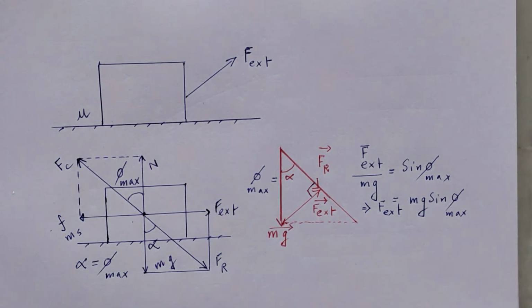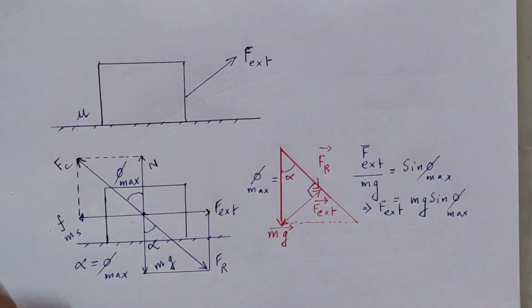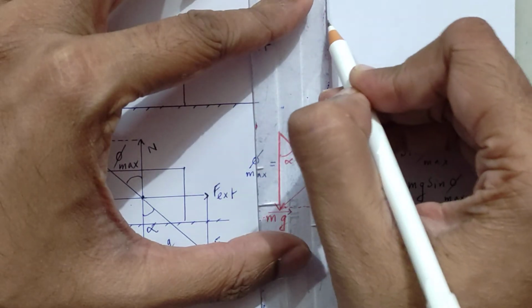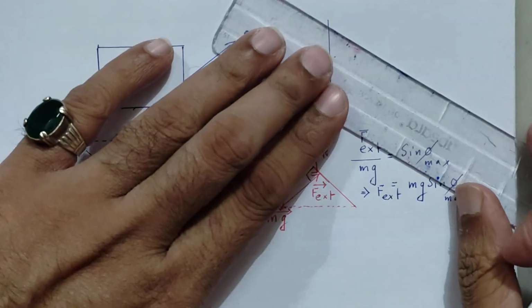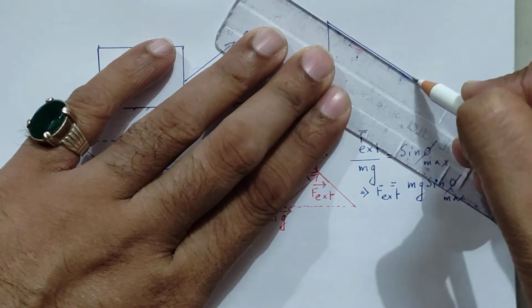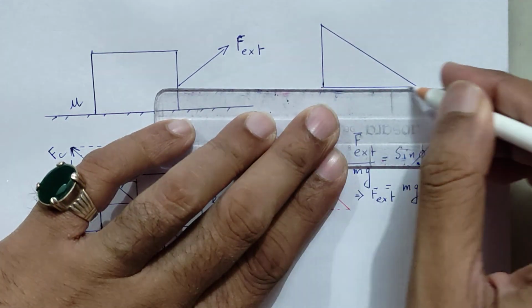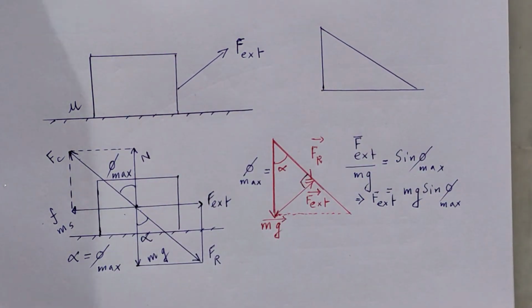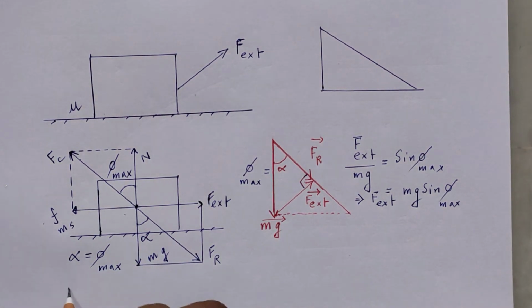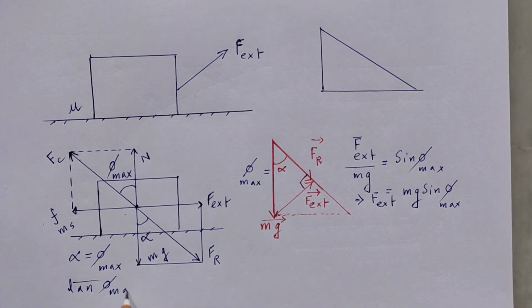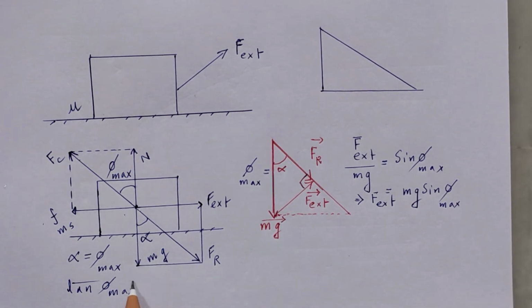What is phi max? Angle of friction, don't forget that. Tan phi max is equal to mu, please see the core concept on friction. So I am trying to figure out a triangle.